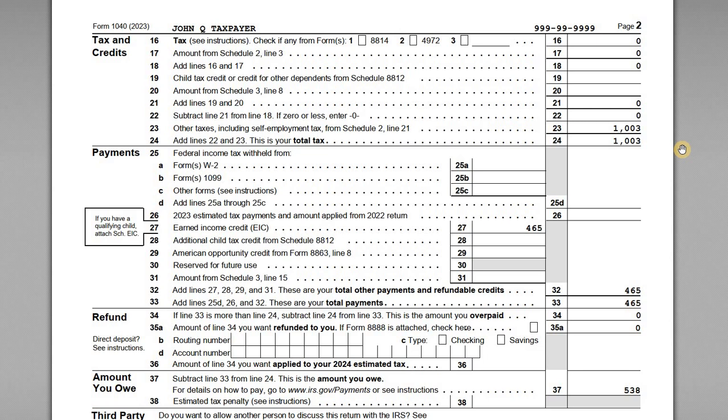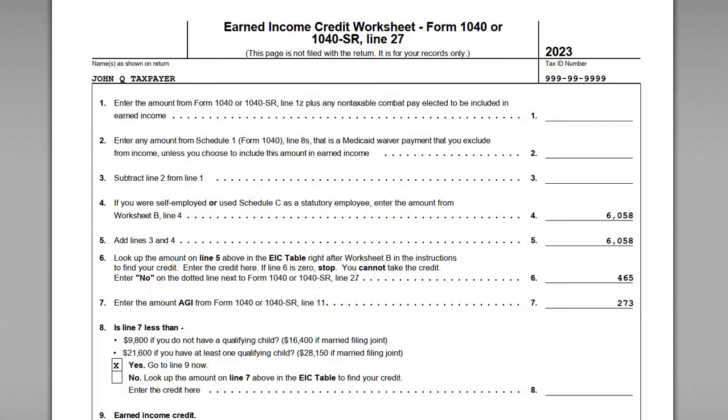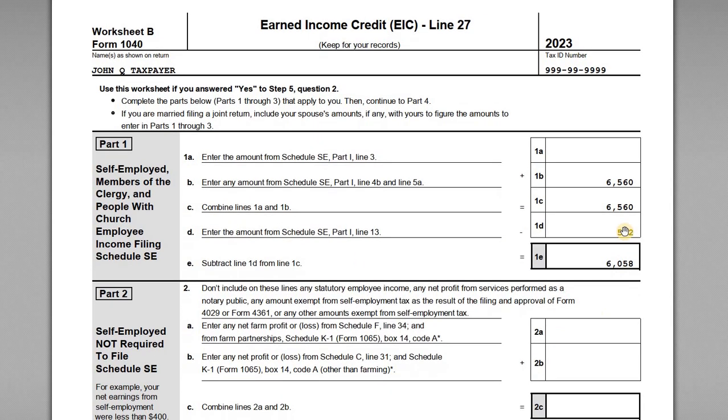Okay? So now that we've calculated how much SE tax we owe, how does that impact the other things like the earned income credit? So now you notice that we have a value entered for earned income credit because now we have some positive earned income. So if we take a quick look at the EIC worksheets, so this is the earned income credit worksheet for self-employed members.